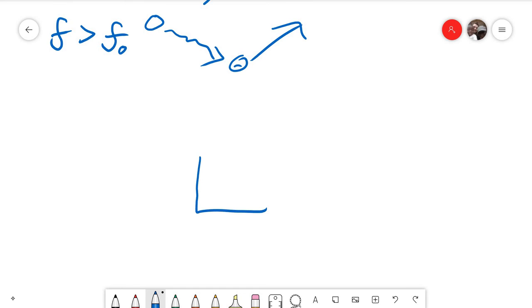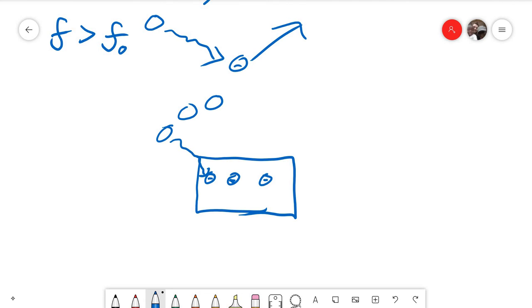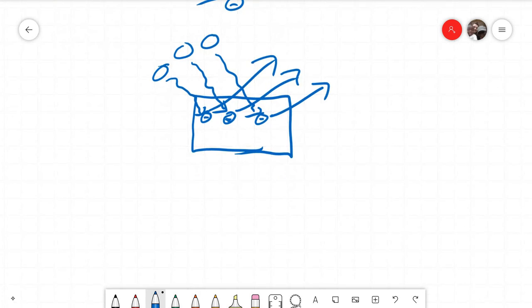So let's say we have another plate of metal here, and this plate of metal has multiple electrons. Now we send in more than just one photon, or we increase our intensity. Now we can send in a few. Each of the photons we send in can interact with a different electron. So now we can kick off more electrons as we increase that intensity.